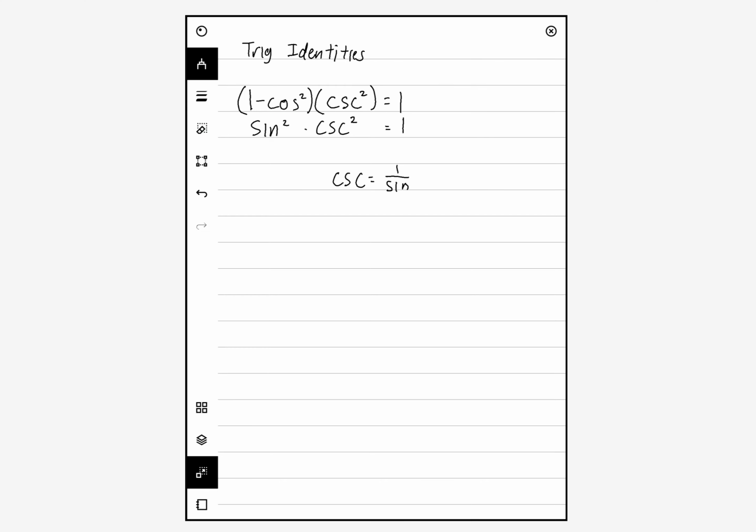So if you have cosecant squared, that's 1 over sine squared. So let's change that. This is going to be 1 over sine squared times sine squared. And that is now equal to 1. Right, because if you have sine squared over sine squared, they cancel out and become 1, right?